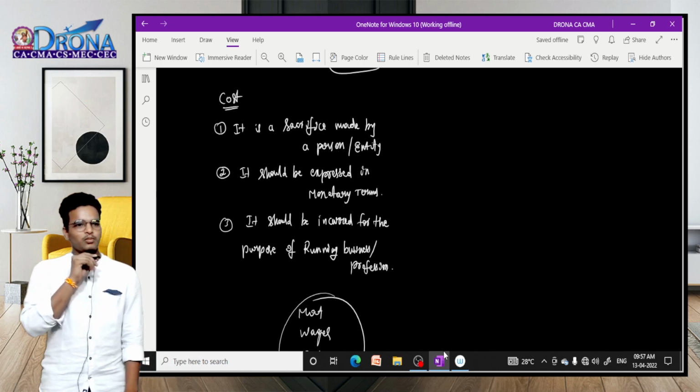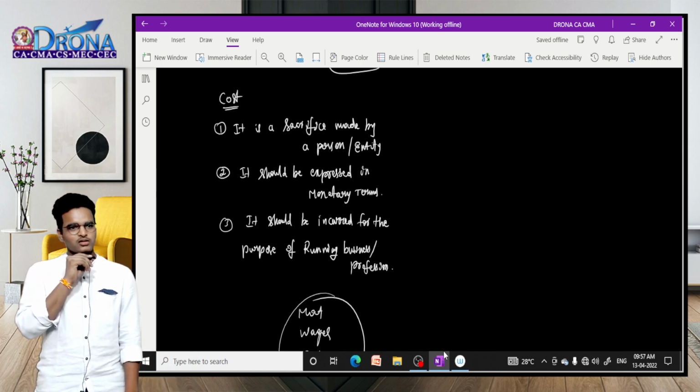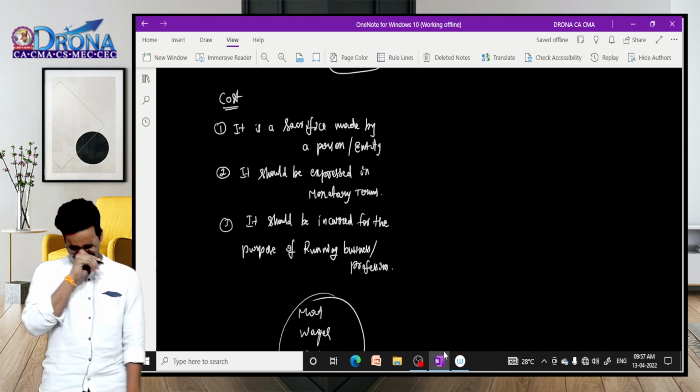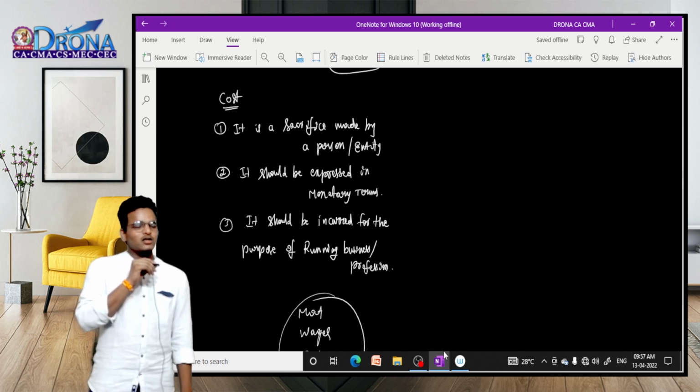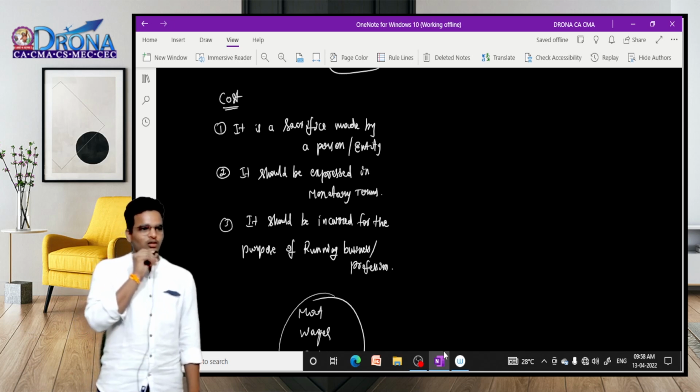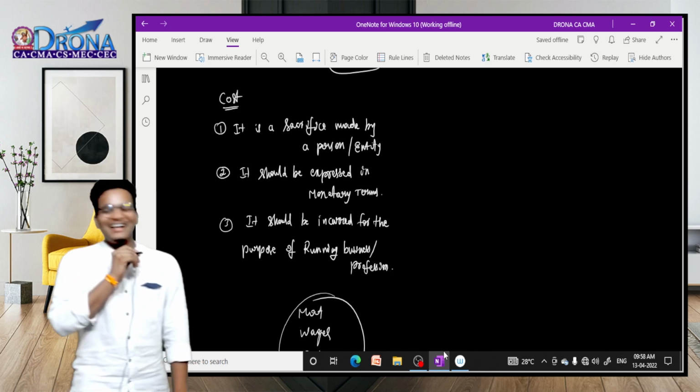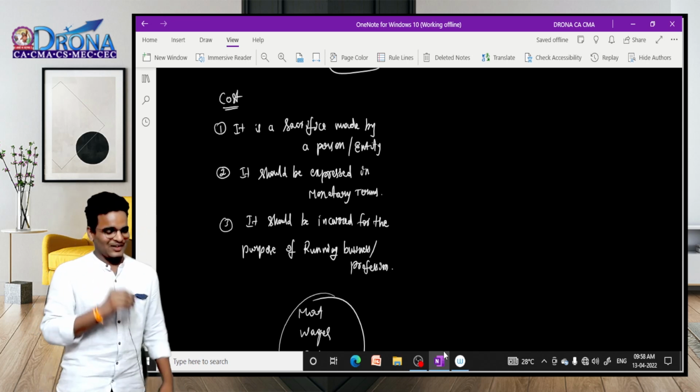And decision making: fixed cost, variable cost, semi-variable cost, opportunity cost, sunk costs. Controllable cost and uncontrollable cost.